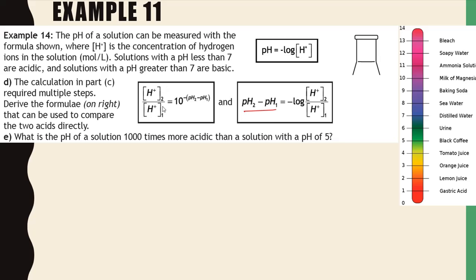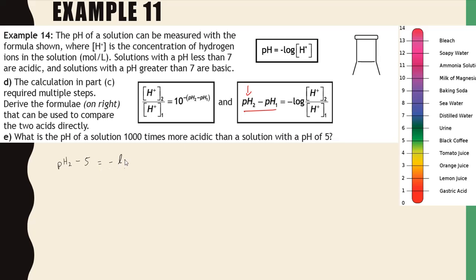I like having to do the least amount of rearranging as possible. So if I'm looking for a pH, I'm going to make it that one right there. So I'm looking for pH 2 in our case, and I'll say pH 1 is this 5. It doesn't really matter. These could be flipped because inside of our second half of the equation, you just flip which one is on the numerator or denominator.